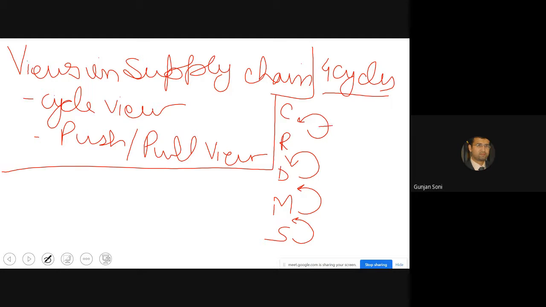We call the one between retailer and consumer the customer order cycle. Between retailer and distributor we have the replenishment cycle.